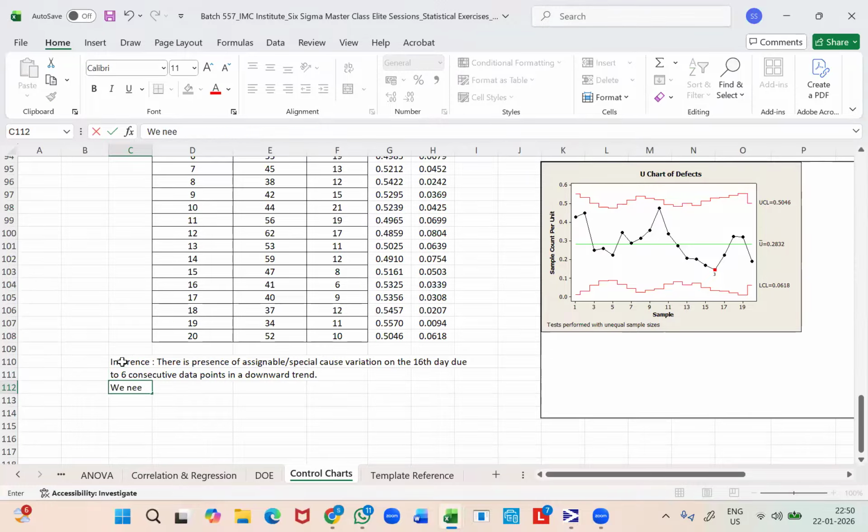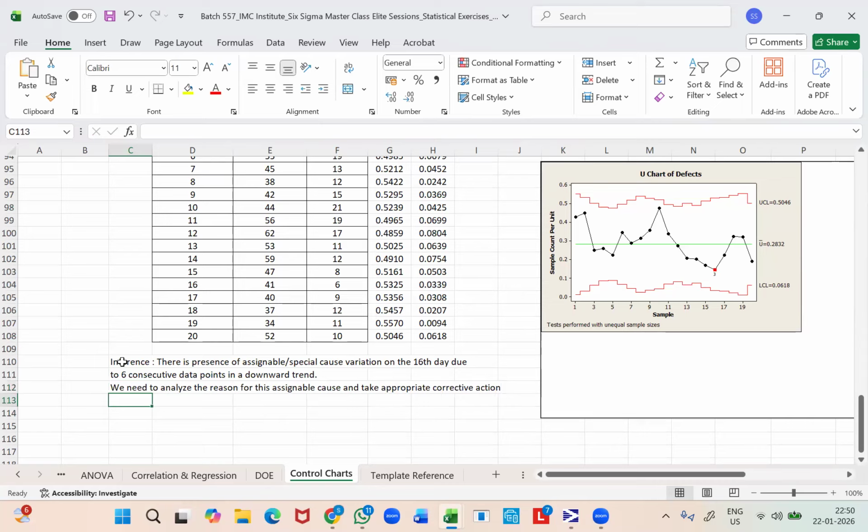Right? So we need to analyze the reason for this assignable cause and take appropriate corrective action. This will be my inference.